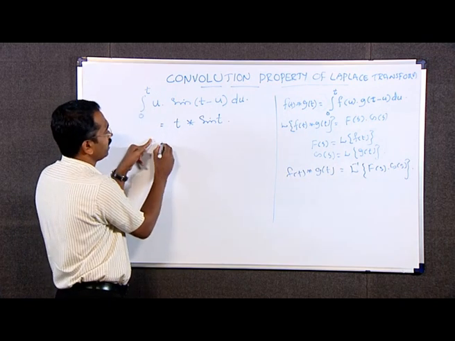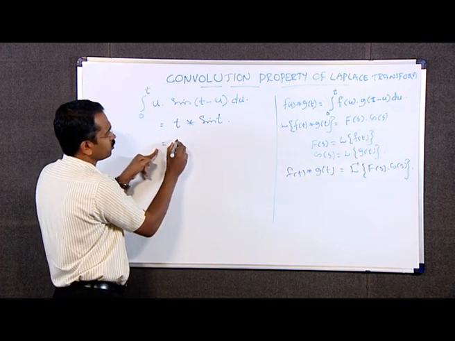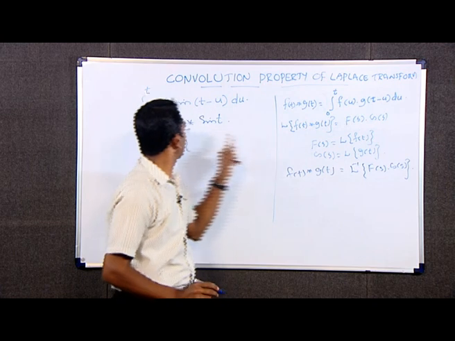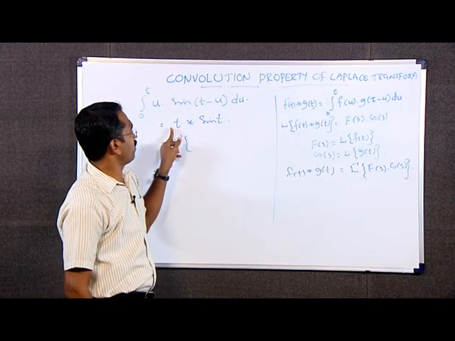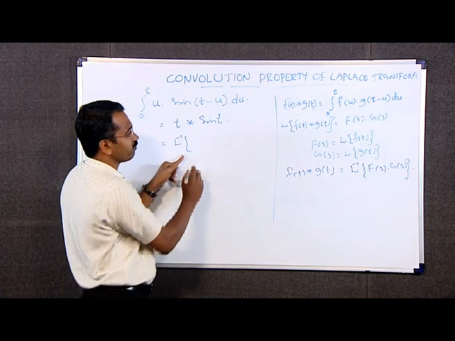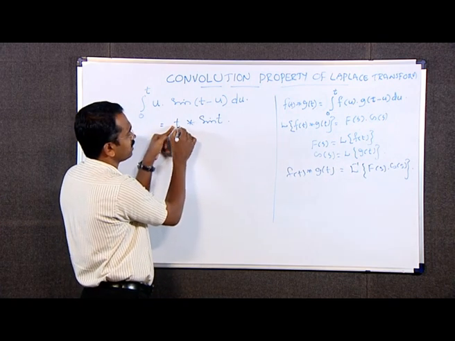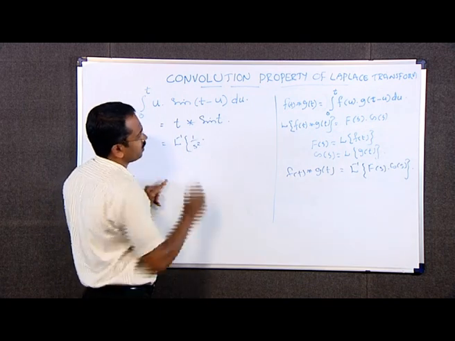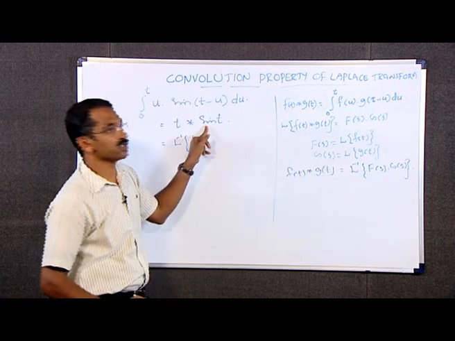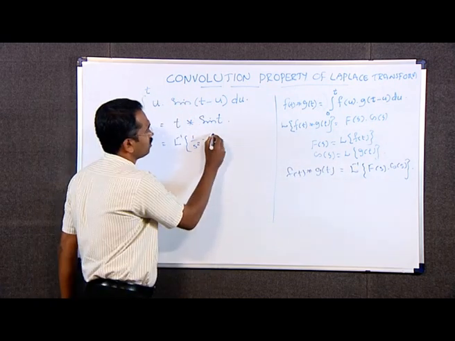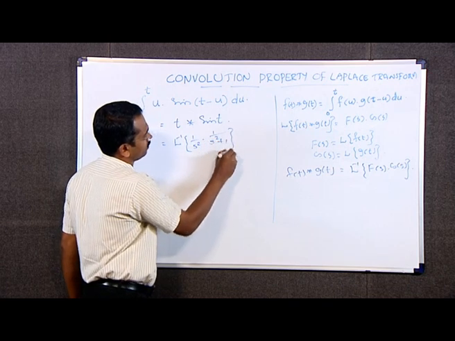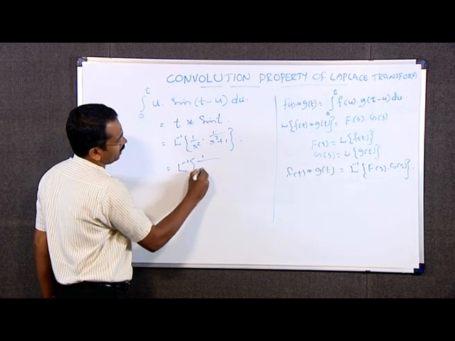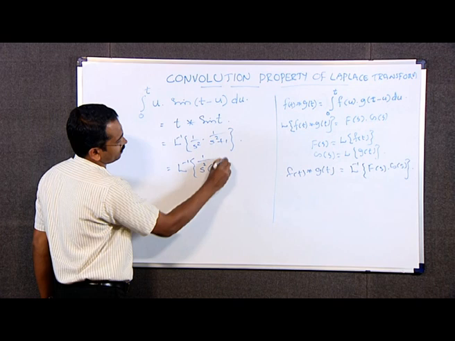Therefore, from here we can write this is equal to L inverse of, here F of s, Laplace transform of this t, that is 1 by s square, into G of s, Laplace transform of sin t, that is 1 by s square plus 1. That is equal to L inverse of 1 by s square into s square plus 1.